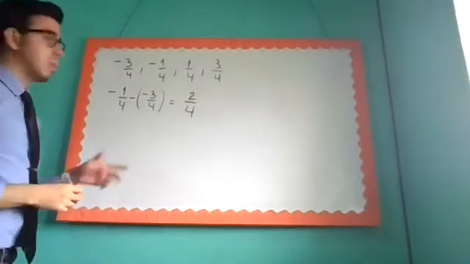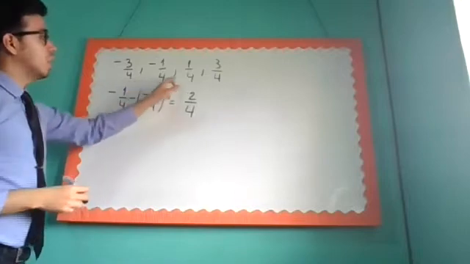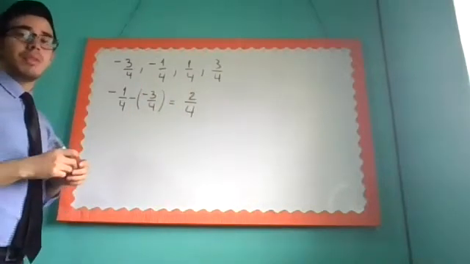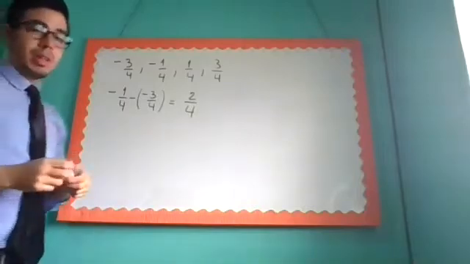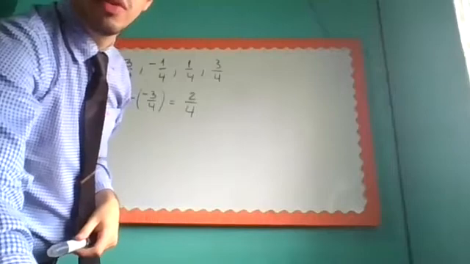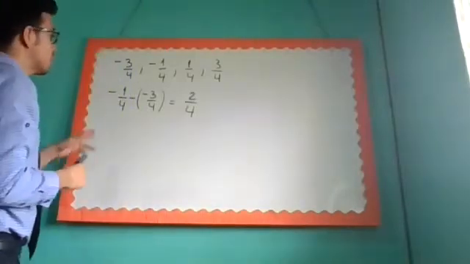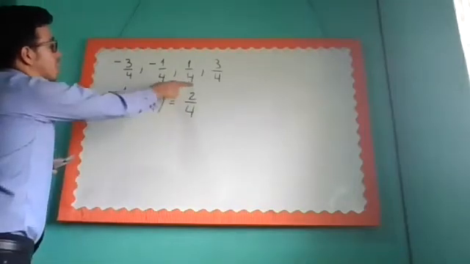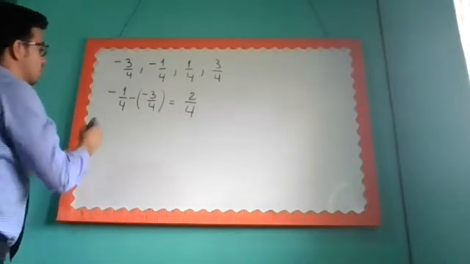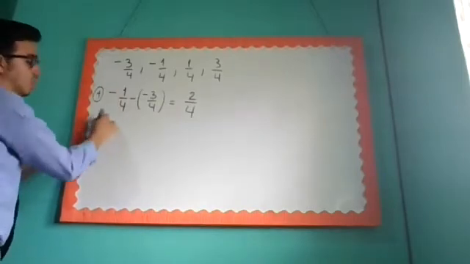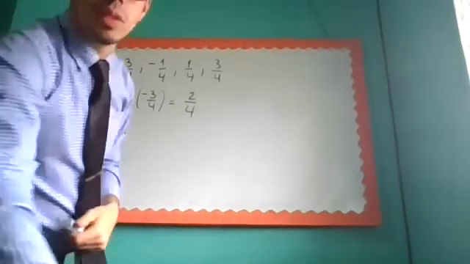I can simplify, but I'm not going to simplify because in all the exercises I have the 4 as denominator. I want to keep the same denominator, 4. So in the first one, the difference is 2/4.